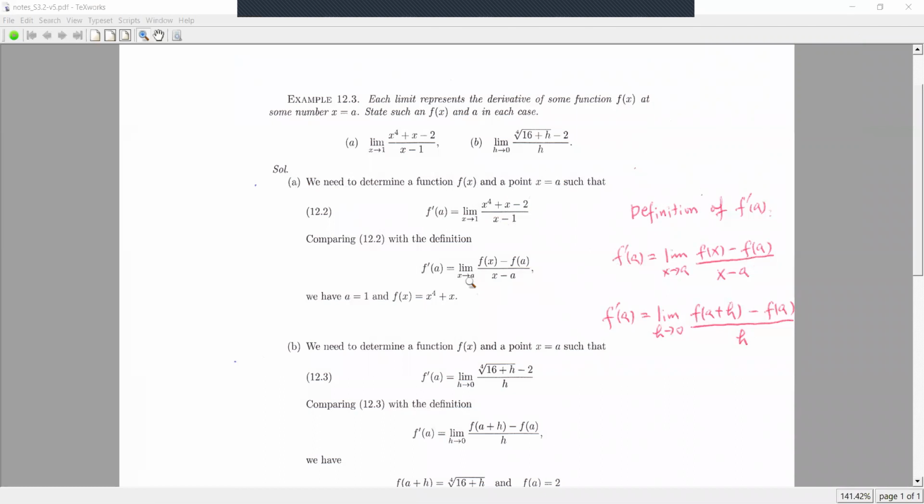Then A is 1 and the function f is x to the fourth plus x. And function value at A is 2. So the answer is A is 1 and the function f is this function.